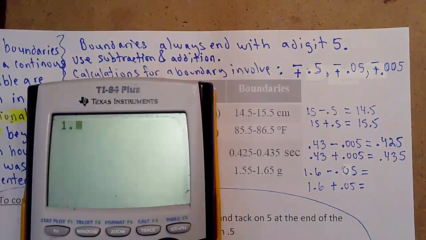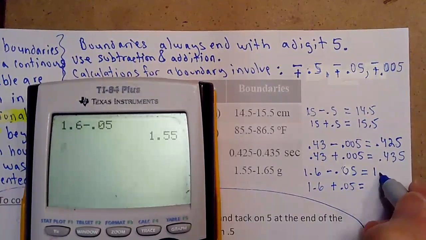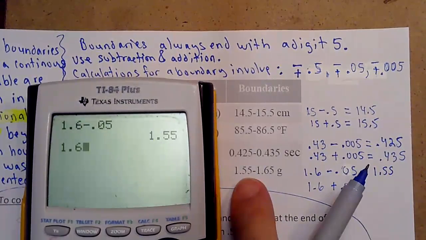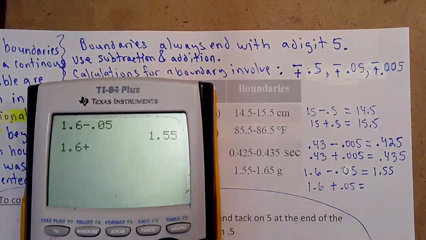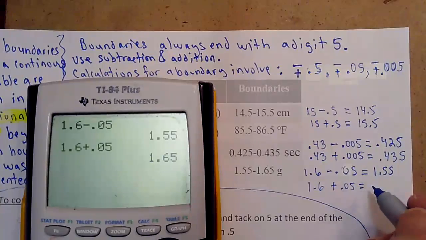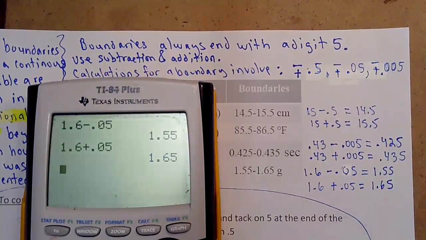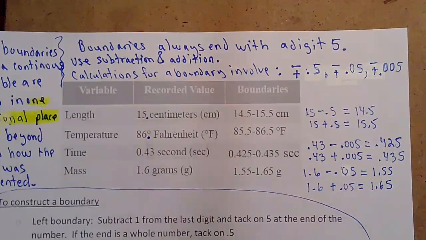See how that matches: 1.6 minus 0.05, and 1.6 plus 0.05. So you see that? That's what we mean by one decimal place beyond what was originally given.